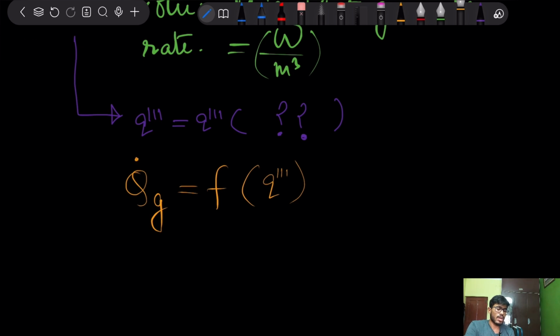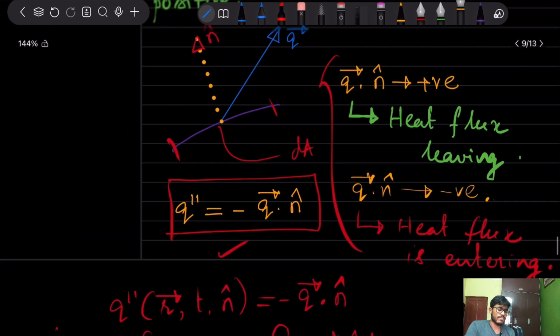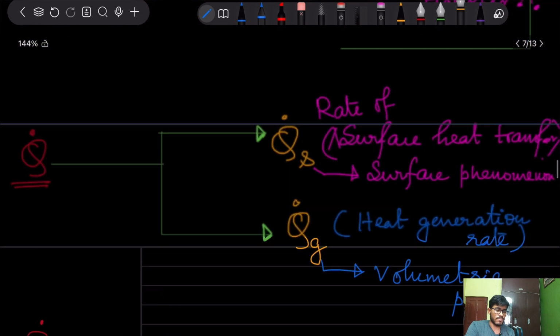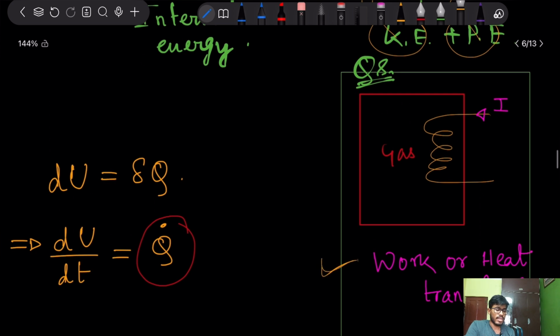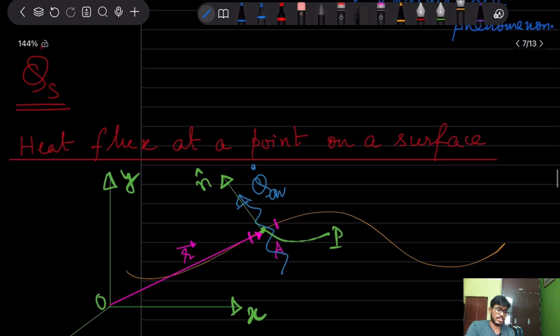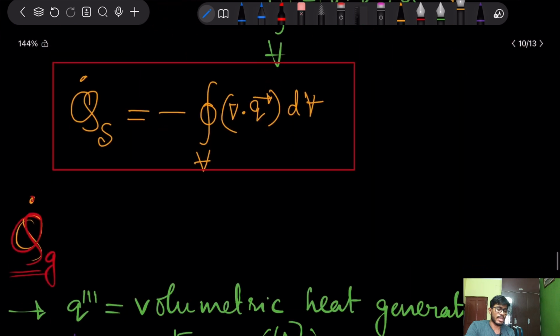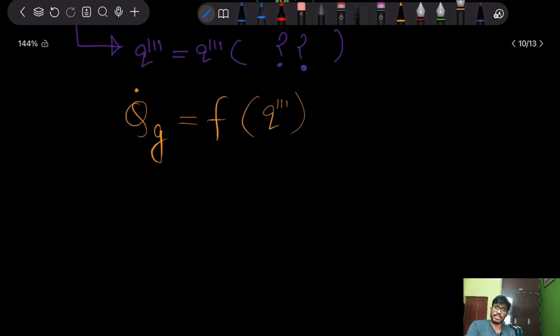Before the commencement of the next class, get yourself cleared with all the small, basic questions, like that interview question also, which is a very good one. Put in the comments if you have any doubt regarding anything, not only regarding this lecture or advanced conduction, but anything.